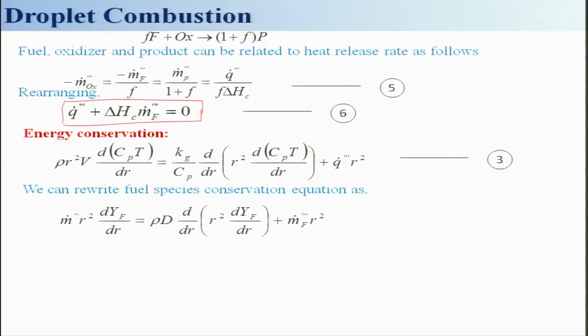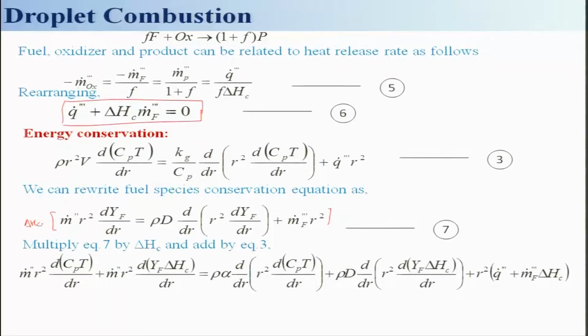What we will do is multiply equation 7 with delta h_SC, and then add that equation to equation 3. That means we add equation 3 with 7. If I do that, what is happening? This term is equal to 0, because as per equation 6 we have already seen.